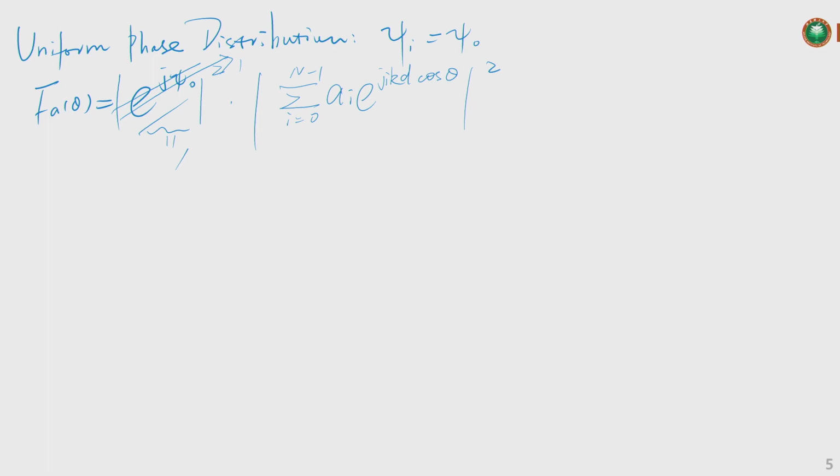So we can also define something here. Previously for the electric field, as an example, this part is kd cosθ. Do you remember how to obtain that?